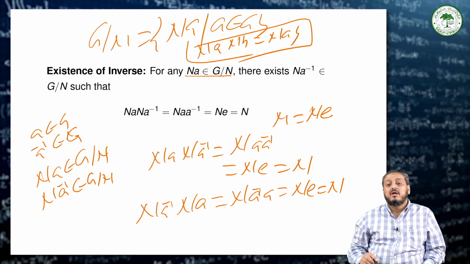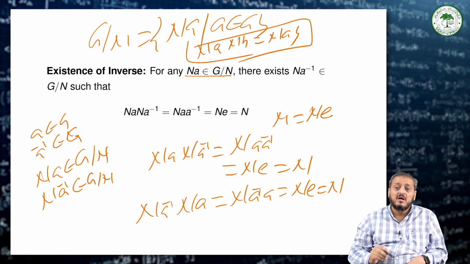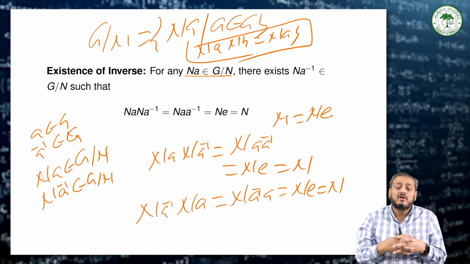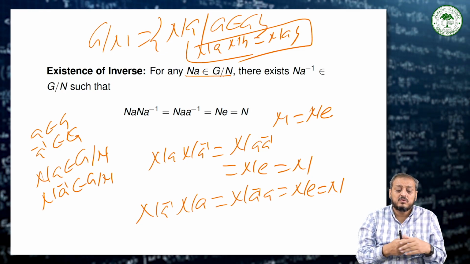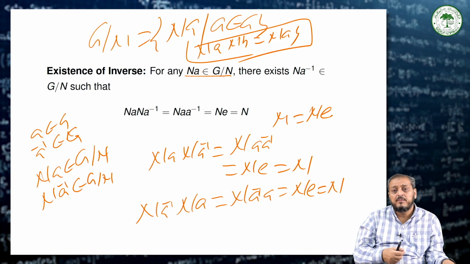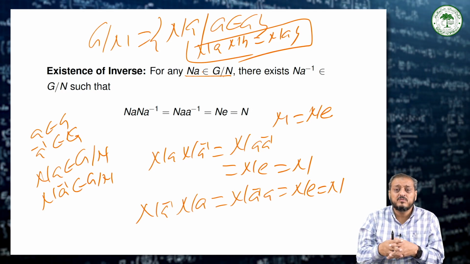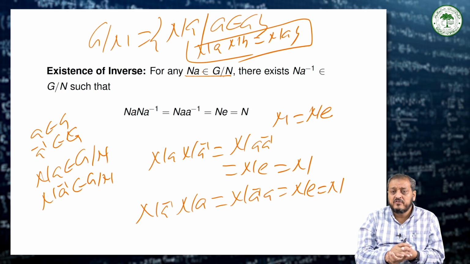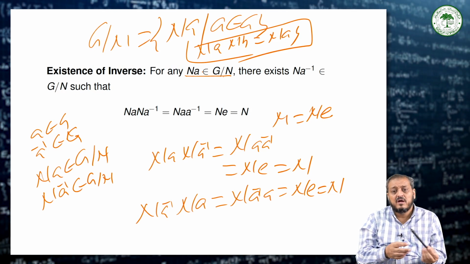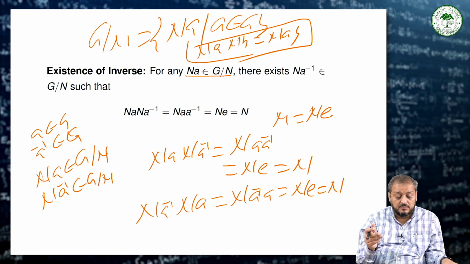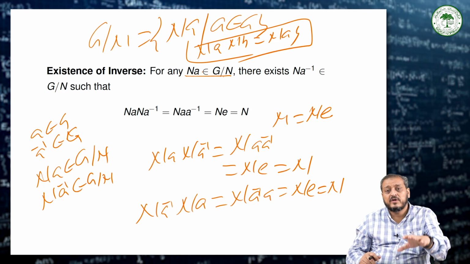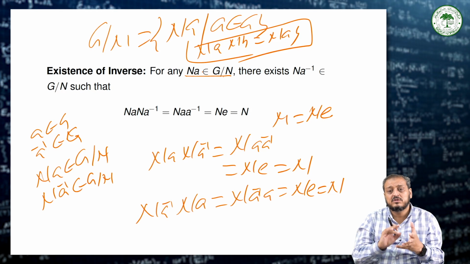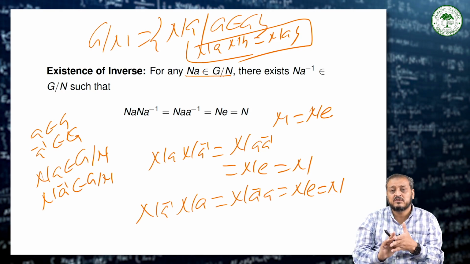Under this binary operation, this collection of all the right cosets, because I take N as a normal subgroup, this result holds, and the definition can easily be derived to be true for left cosets also. So this clearly satisfies all the properties of a group: closed, associative, existence of identity, existence of inverse.